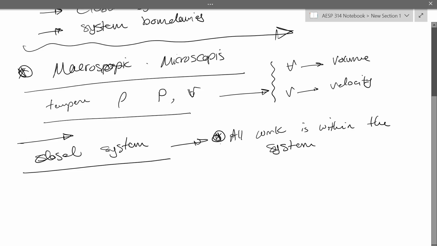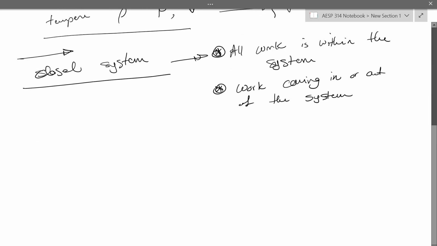There's no work coming in or going out of the system. What does work coming in mean? Work is different from heat, isn't it? Okay, so either entering or escaping the system.